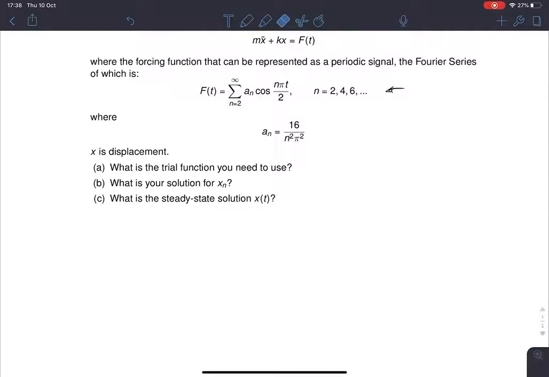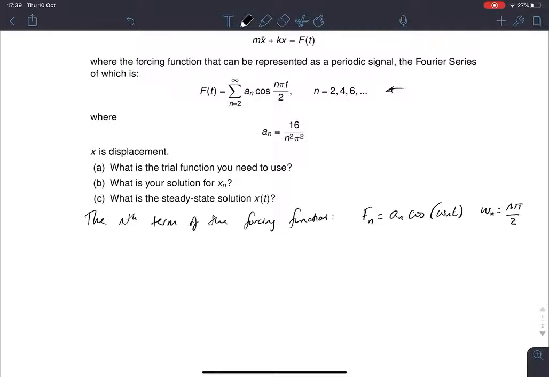Before we do so, we're just going to state that the nth term of the forcing function, F n, equals a n cosine of omega n t, where omega n is n pi upon 2.